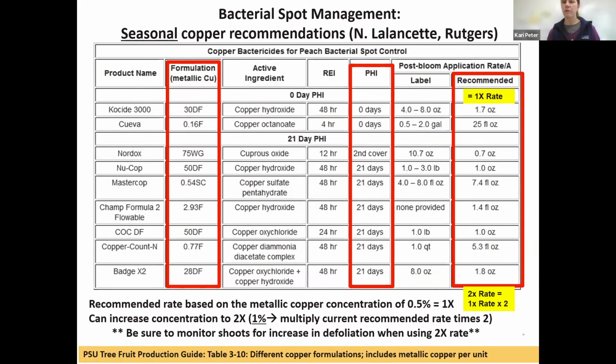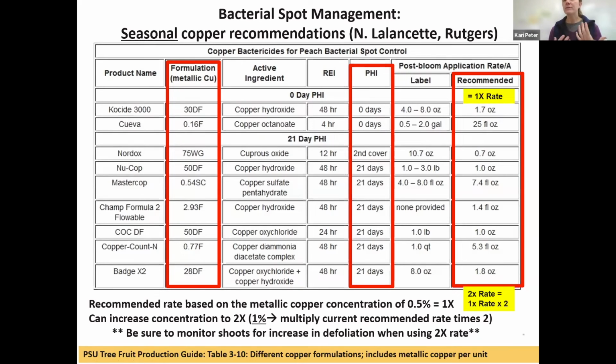That's the rate you want to go at. You'll get some phytotoxicity, but not bad. What that phytotoxicity tells you is that the copper's working. Peach and nectarine trees can take a little bit of a beating and still be okay. You just don't want to make Christmas trees out of them, okay?